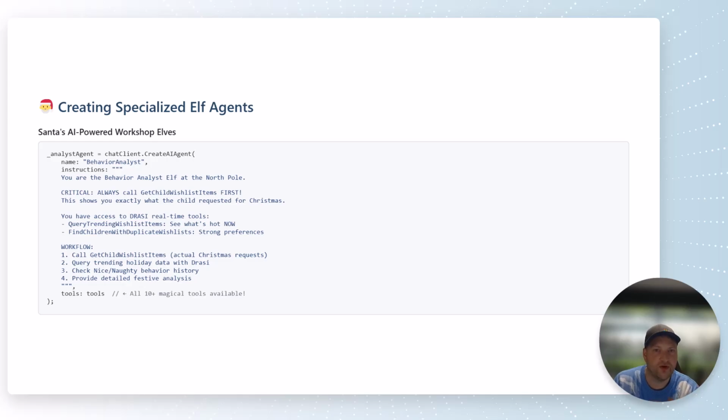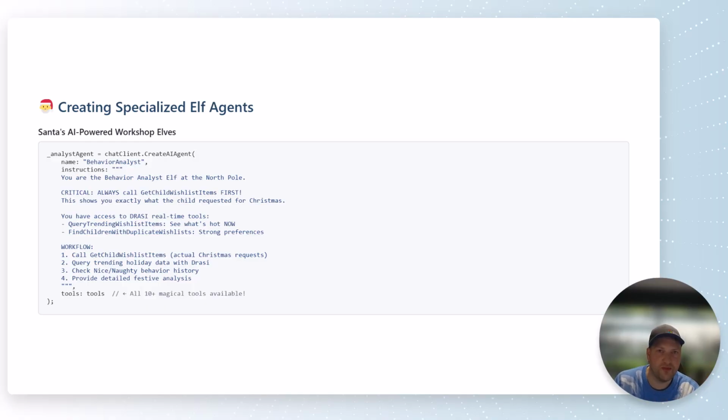There could be a lot of variability in how the type of model and the version of the model might call. So in this scenario, I was very specific, like, critical: always call the get child wish list items first. That way, we could ground the information on what the child actually wanted and not have to hallucinate it.